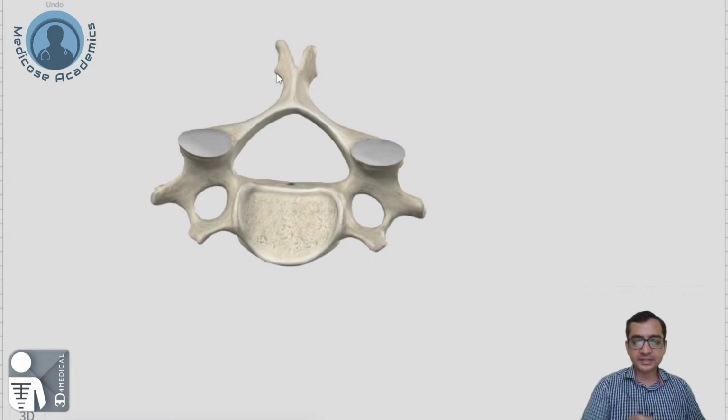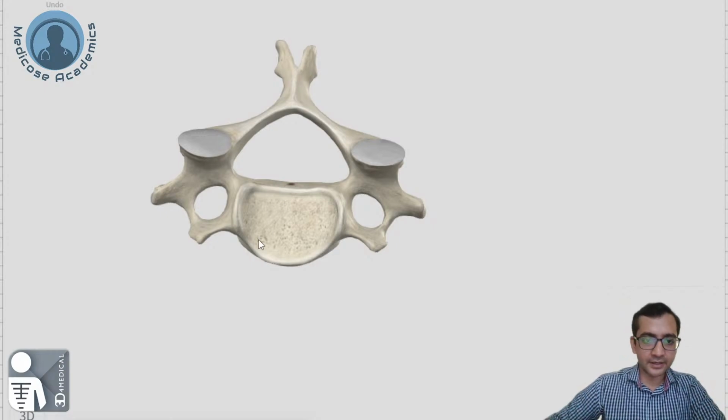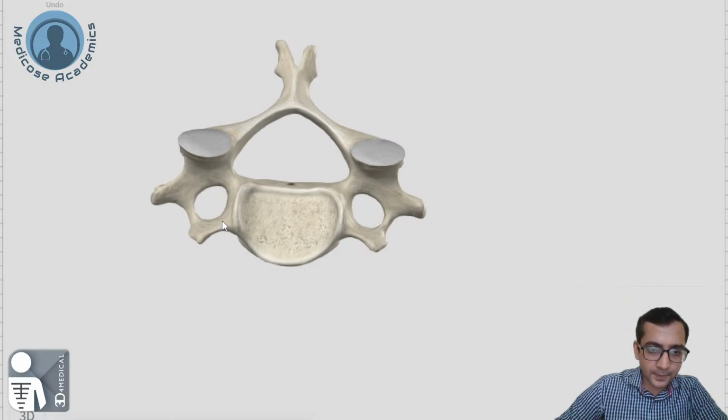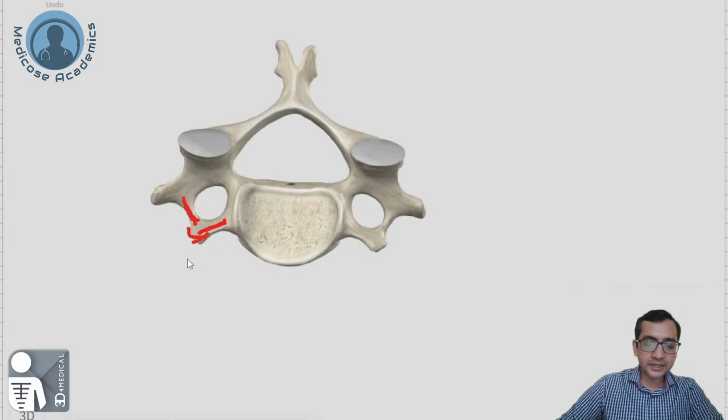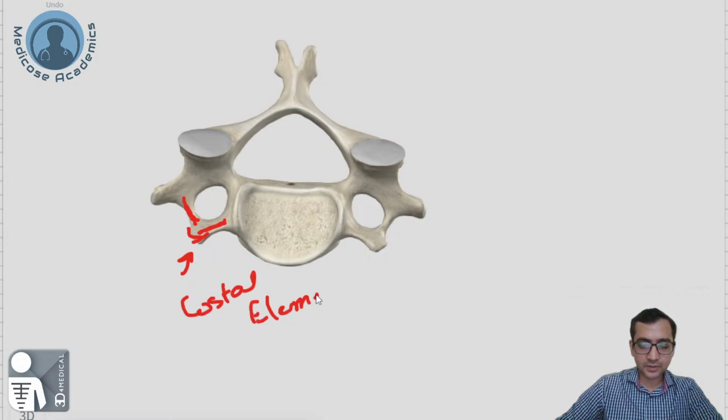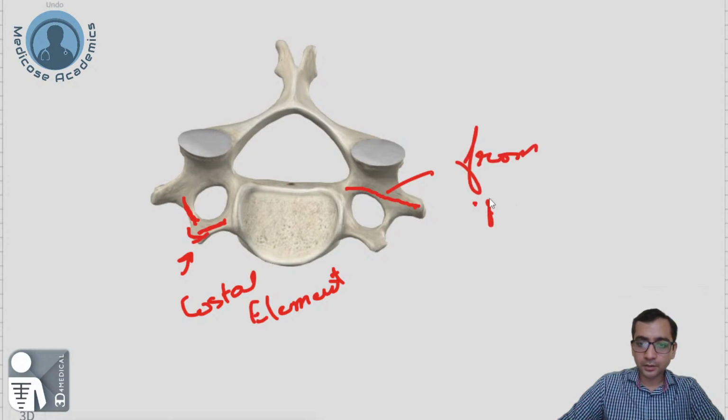Limiting myself to the cervical vertebra here, the anterior root, the anterior tubercle and the costotransverse bar are from the embryological costal element, and the posterior part leading to the posterior tubercle is from the transverse element.